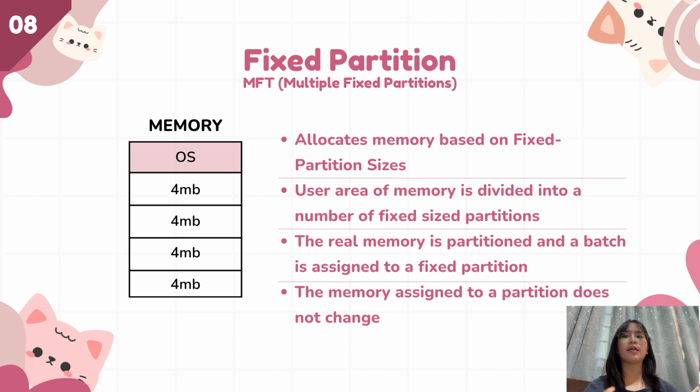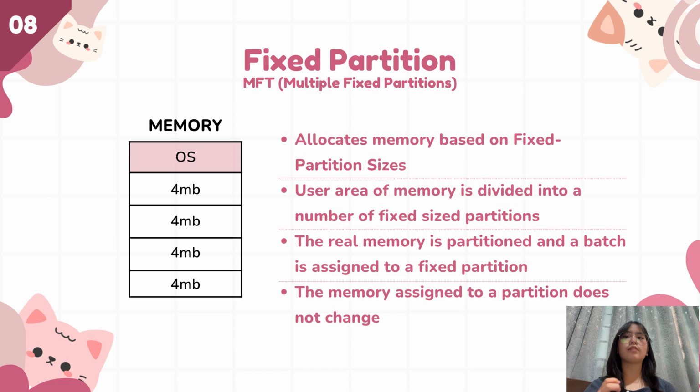Now, there's a disadvantage here. If a process doesn't completely fill up its partition, for example, a 2 MB process in a 4 MB partition, then the 2 MB of space is wasted. This unused or wasted space is what we call internal fragmentation.